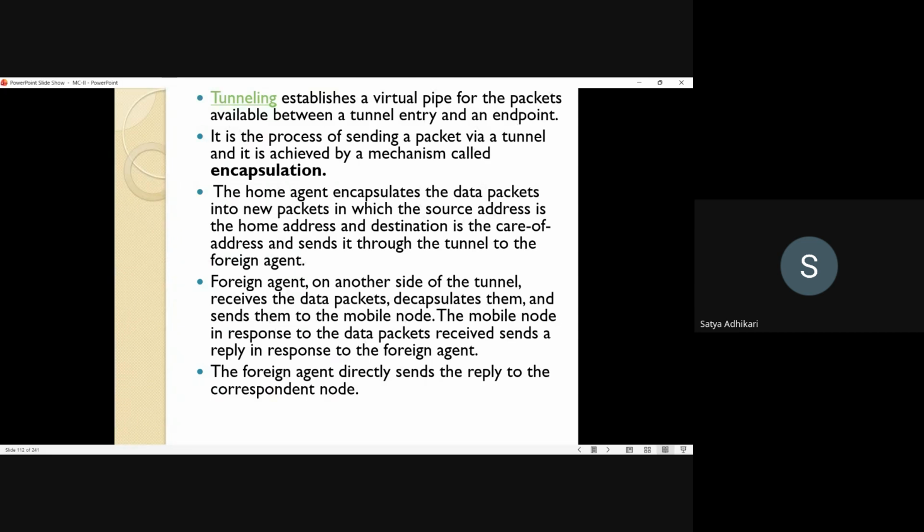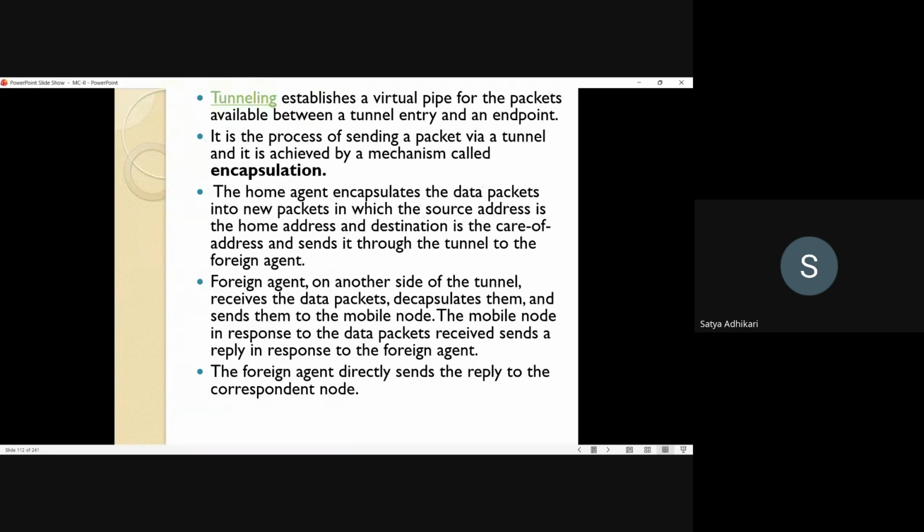So the foreign agent receives three things, the three components of the data: the data itself, the home address, and the address of the destination, that is the care of address. So the foreign agent on the other side of the tunnel receives the data packet, but the data packet contains three components. So it has to decapsulate it.